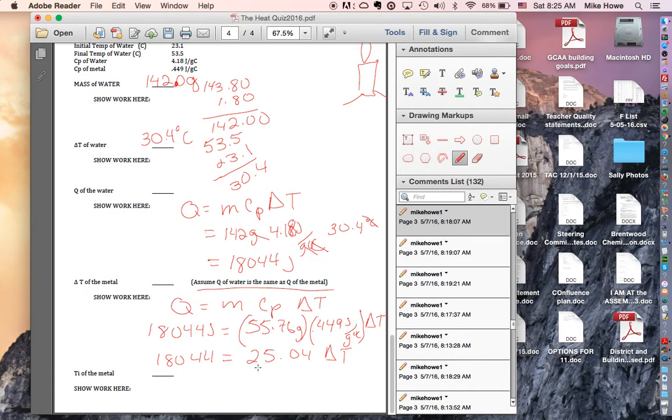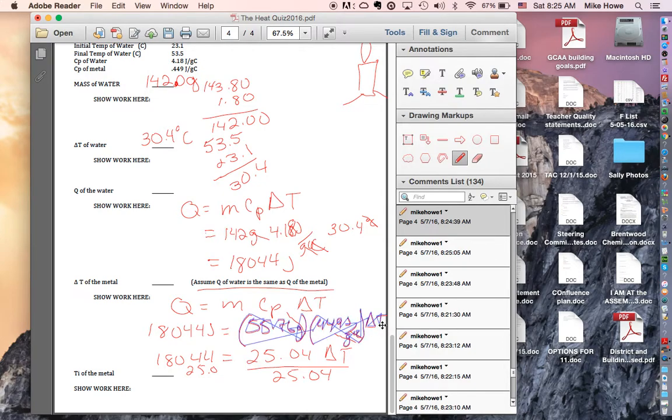Now, how do you solve for delta T? Well, you need to divide by 25.04 on both sides, because this is multiplied by delta T, so the opposite of multiplication is division. All right, in terms of units, grams cancel.